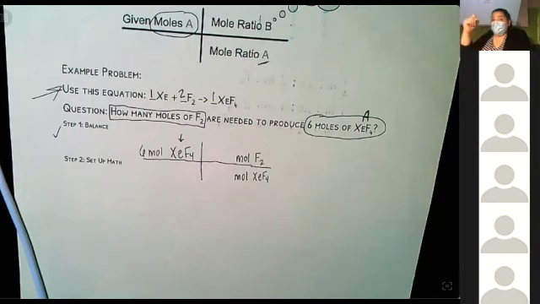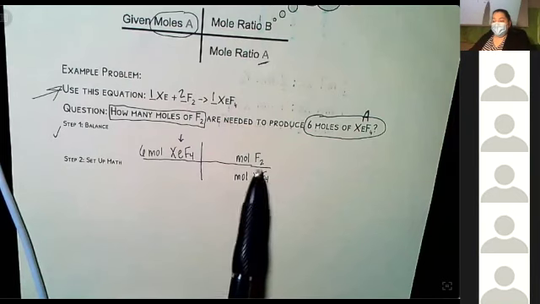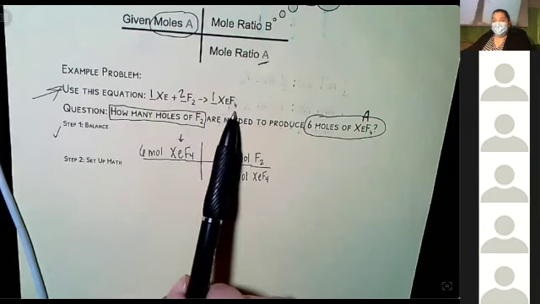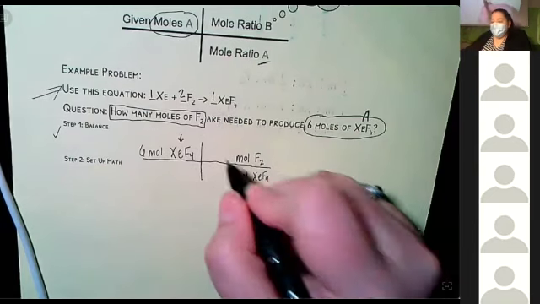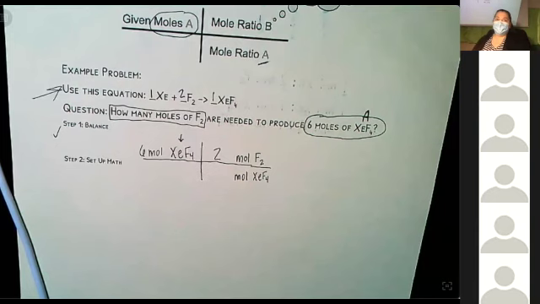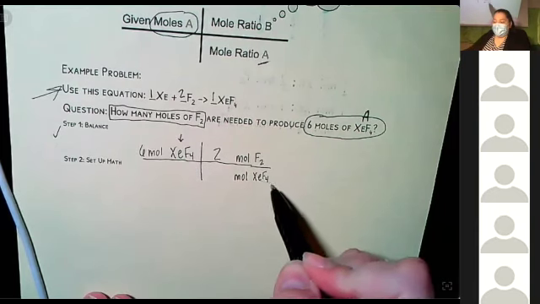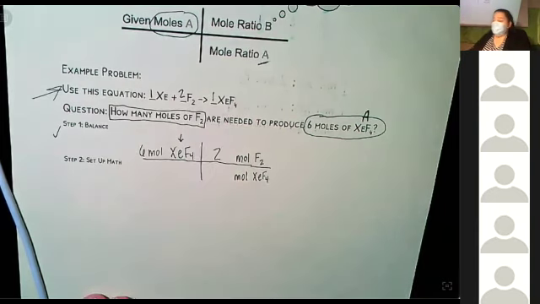So moles of F2, how many moles of F2 do you see in this equation? 2, exactly. So it'll be a 2 right there. And then moles of XeF4, how many? Just 1.